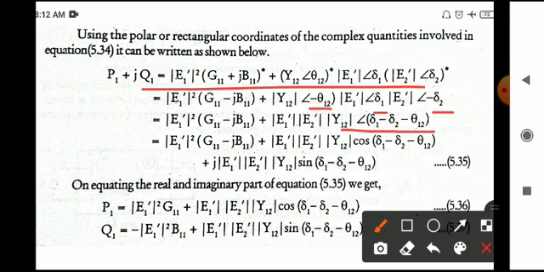In the next step we convert this polar coordinate term into the corresponding rectangular coordinate in terms of cos and sine, that is the cos theta plus j sine theta form.